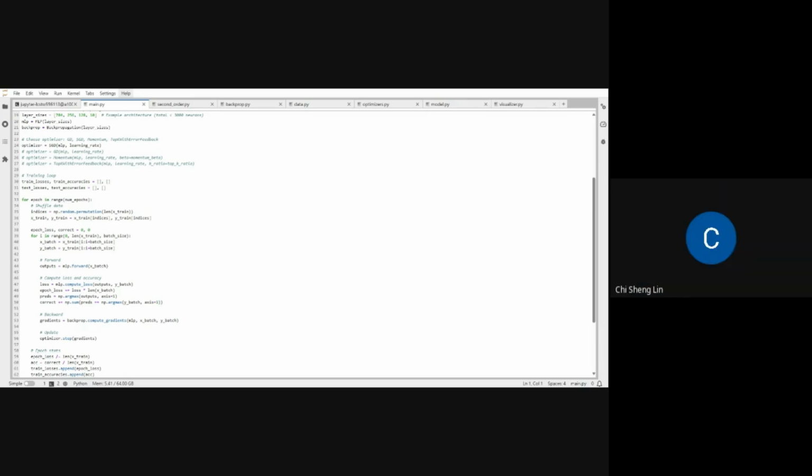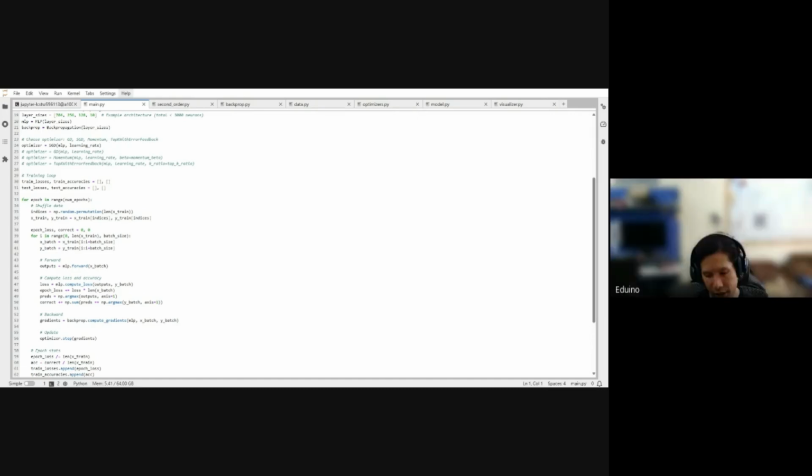Okay, I see. I will try different optimizers, compare the results and find the best one. Thank you. No problem. Additionally, you could try this for multiple model types, because right now you're using a multi-layer perceptron.